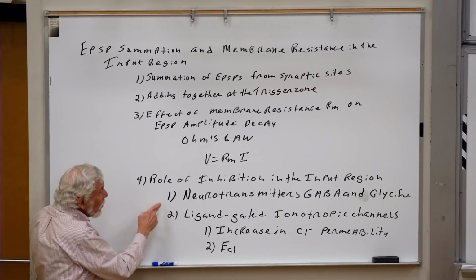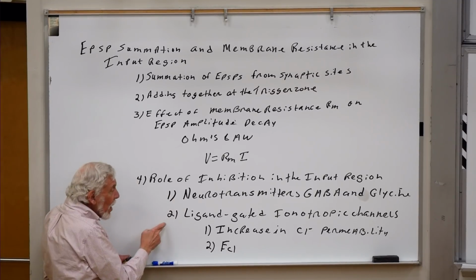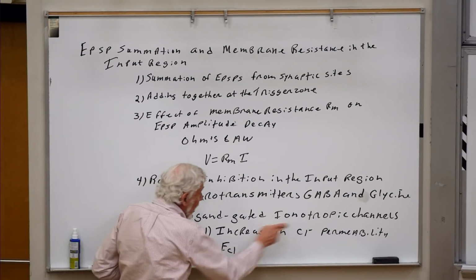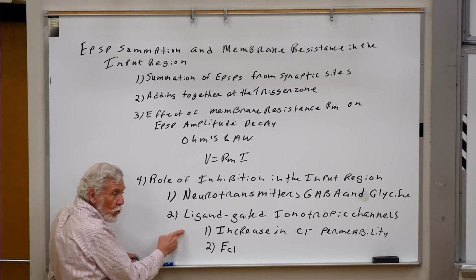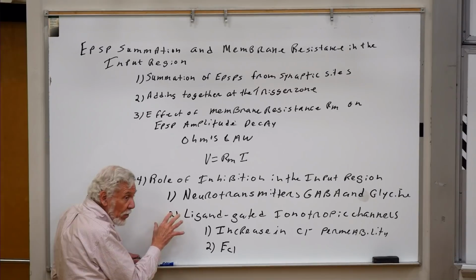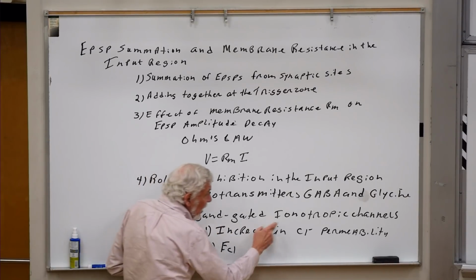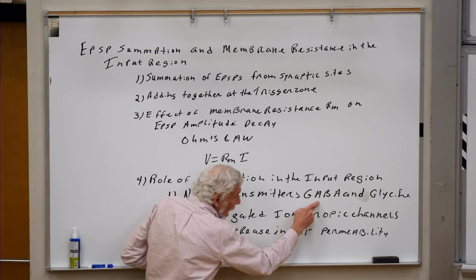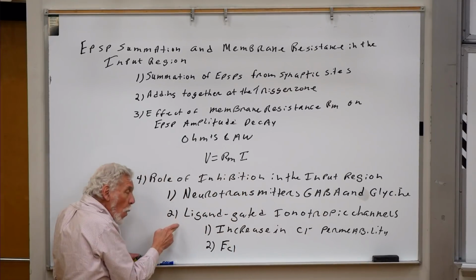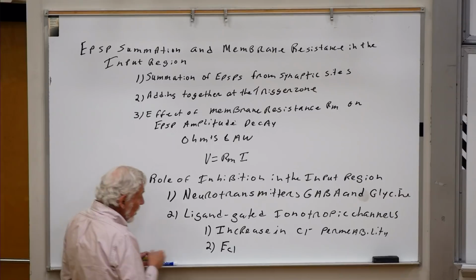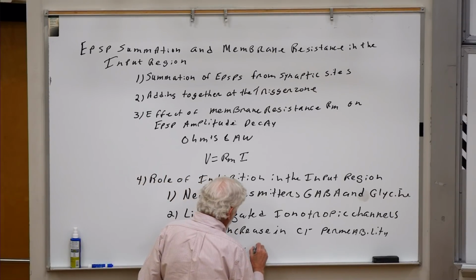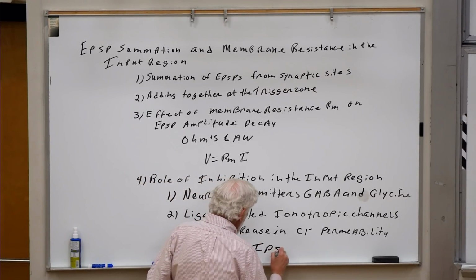The neurotransmitters GABA and glycine will open ligand-gated ionotropic channels, just as glutamate opened a ligand-gated ionotropic channel. But what's different here is that GABA and glycine now will open a chloride channel. Now the chloride channel, I should put this down here, will generate an inhibitory postsynaptic potential.